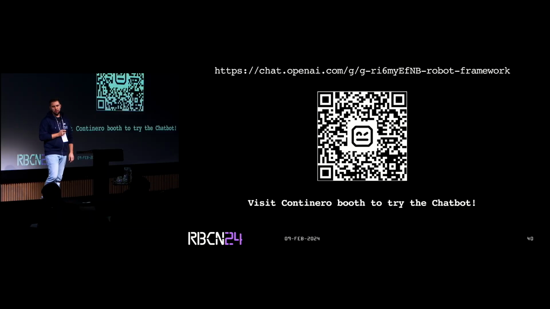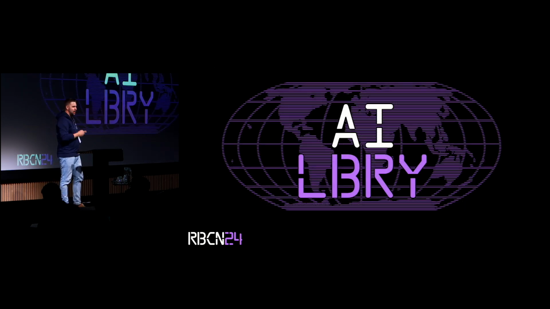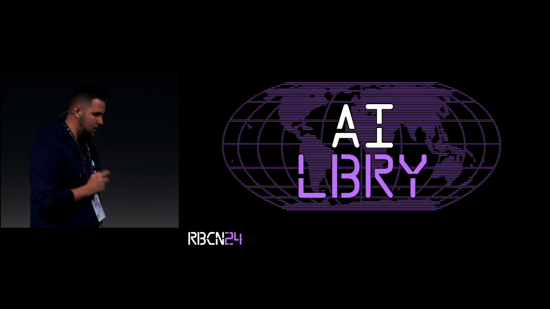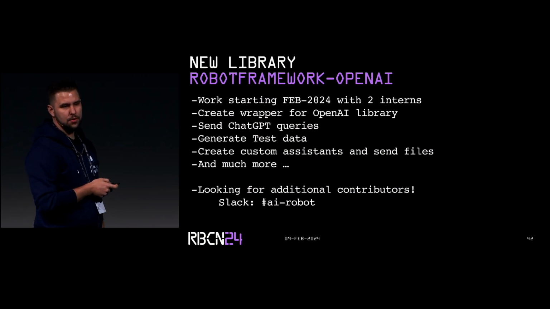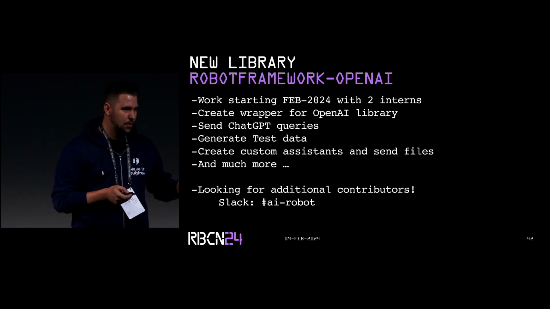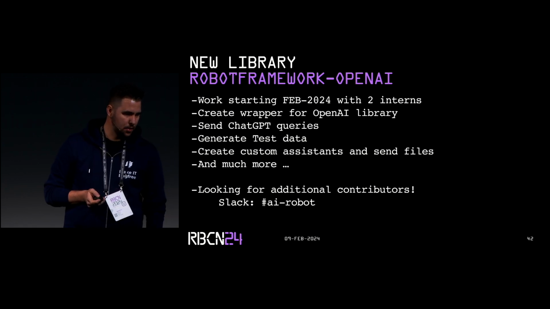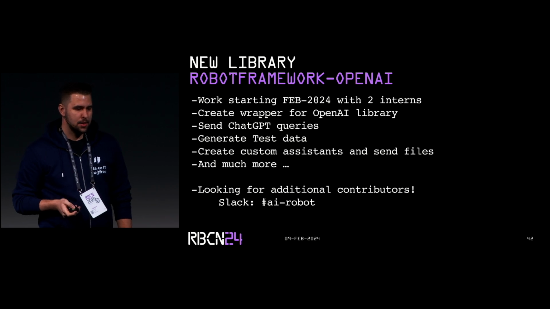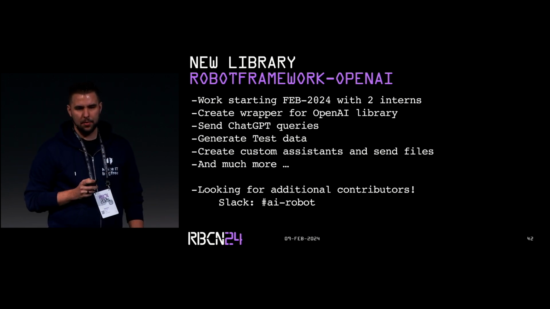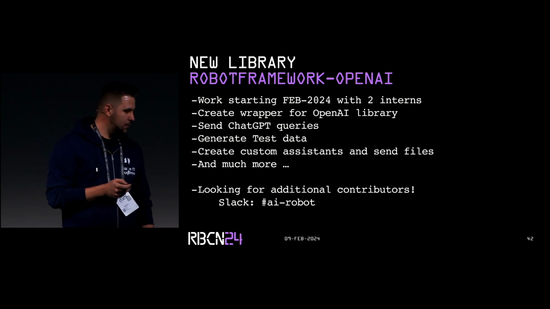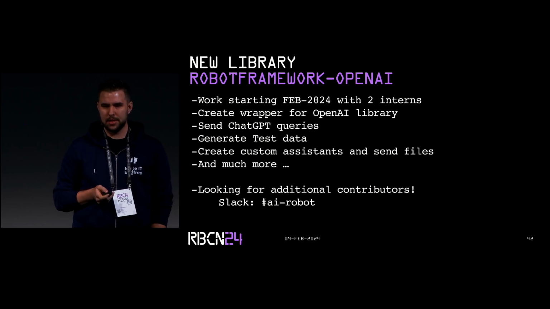And one more thing. We are starting to build an AI library based on OpenAI. We want to create a wrapper for you. We have two interns at the moment, and we will be kickstarting the project after RoboCon. The goal is to wrap this OpenAI library and give you the option, for example, to generate test data.